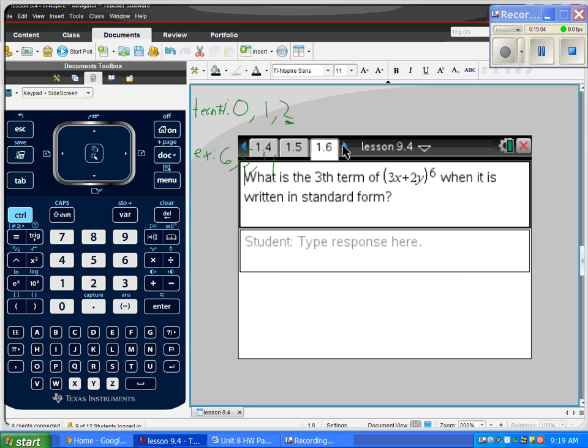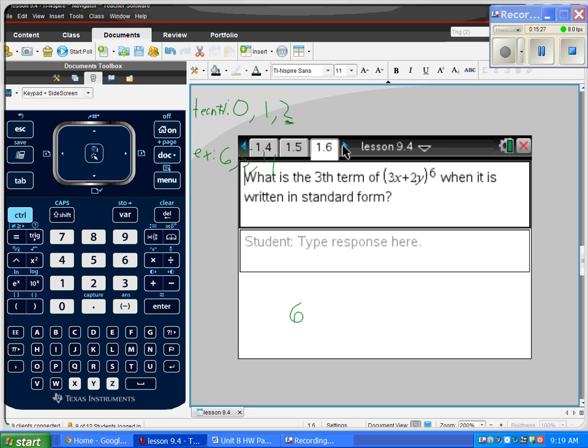So to set up our combination in our binomial expansion term, what are we going to have? Look on your formula. Okay, 6. It will be 6. Why would it be 6?